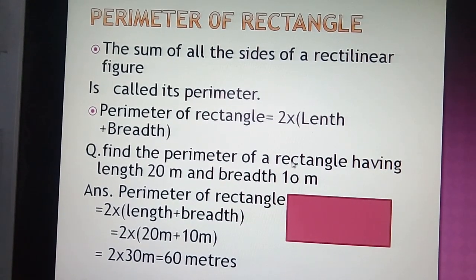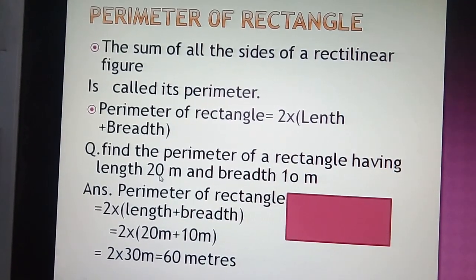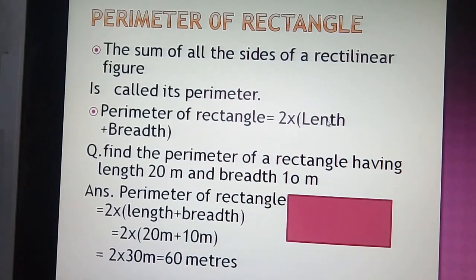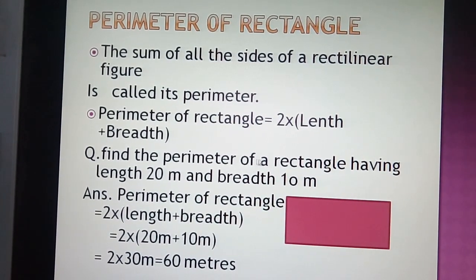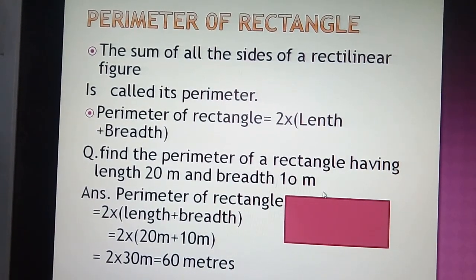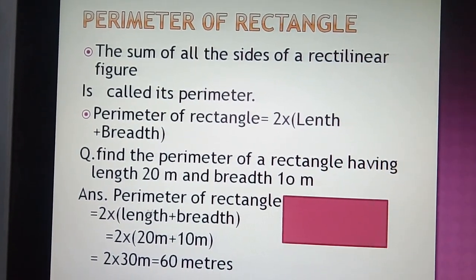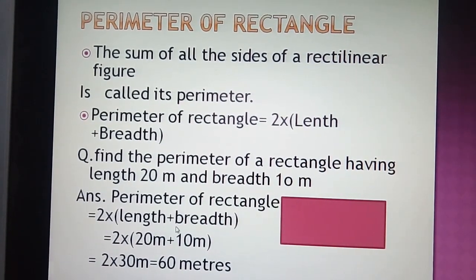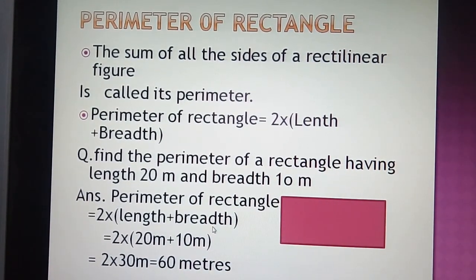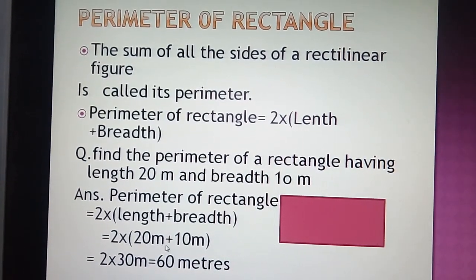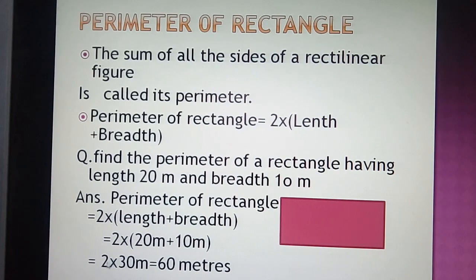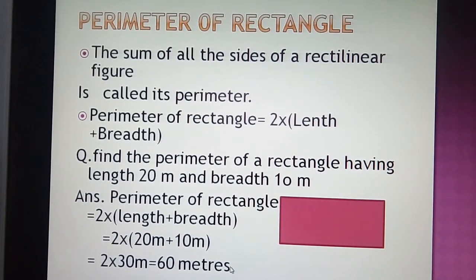So find the perimeter of a rectangle having length 20 meters and breadth 10 meters. Perimeter of rectangle is equal to 2 multiply length plus breadth. This is the formula. So you will put the digits over here. 2 multiply 20 meters plus 10 meters is equal to 2 multiply 30 meters is equal to 60 meters.